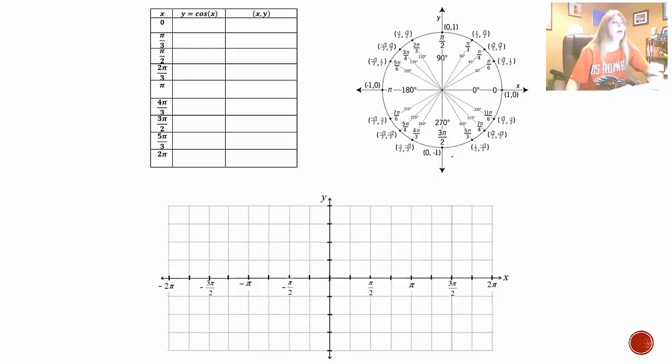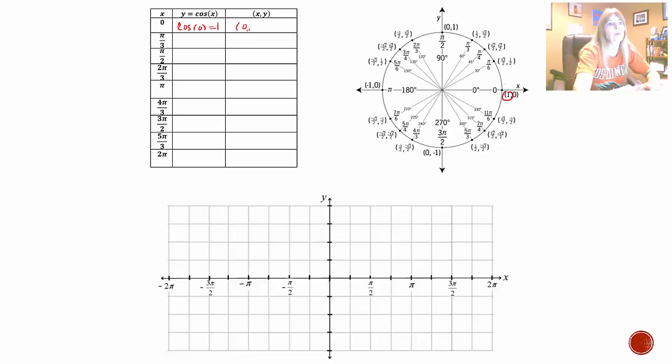So the cosine we know are the x values. So I need to be looking in the unit circle for the x values. The very first thing I'm looking for is the cosine of 0, which I'm looking at the x values, so that would be 1.